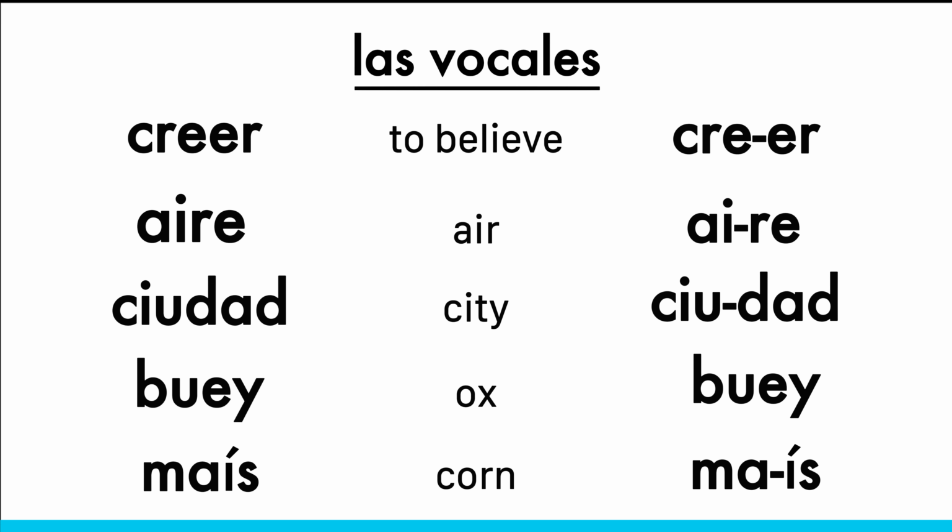We have the letter A and it is a strong vowel, and then we have the letter I, it is a weak vowel, but it has the accent mark, so that is going to turn into a strong vowel and it is going to create its own syllable, ma-íz. We will look at accent marks in a different class, but it is important to note this exception. Once the weak vowel turns into a strong vowel, all of these previous rules apply.